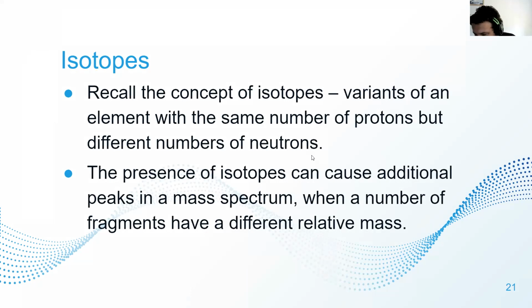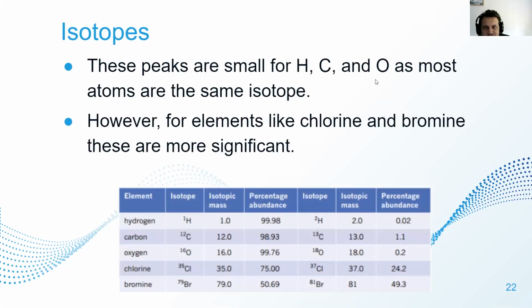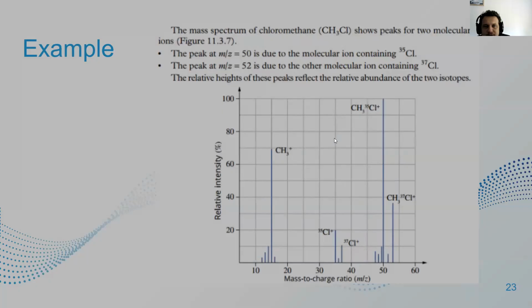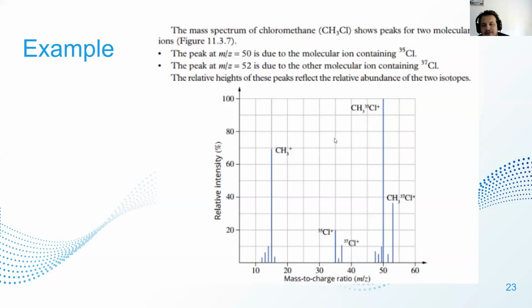One thing you might get in a multiple choice question or some kind of part of a question is the isotopes. So remember what an isotope is? Same number of protons, differing number of neutrons. I think the example they use is chlorine. With chloromethane, you might get some strange looking peaks.